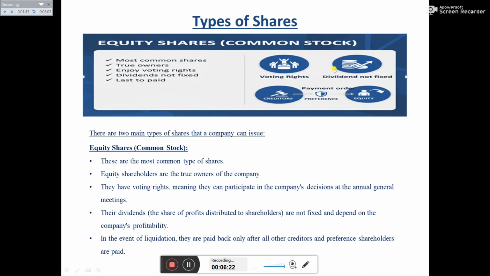And if the company wants to close the business, he gets the payment at the end, after the creditors who gave loans, and after the preference shareholders. If amount is available, then only he is eligible to get it, otherwise he won't get any amount. So this is about the equity shareholders.